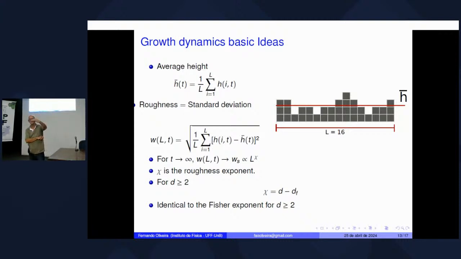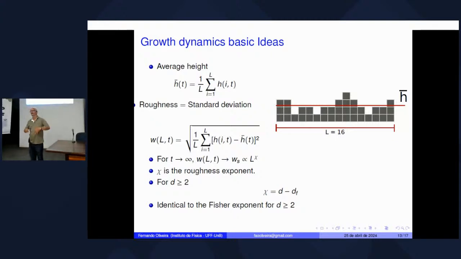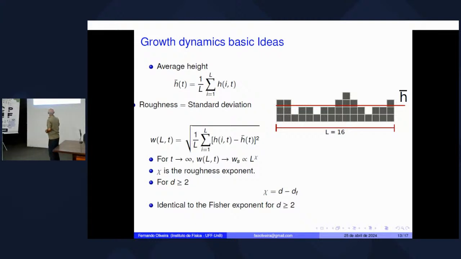For 3 dimensions, you have a different exponent. When you get to 4 dimensions, you have the critical dimension, and that's it. Okay, so critical dimension for us here means that the fractal dimension becomes identical to the dimension of the lattice. I mean, as we increase the dimension, the difference starts to decrease.